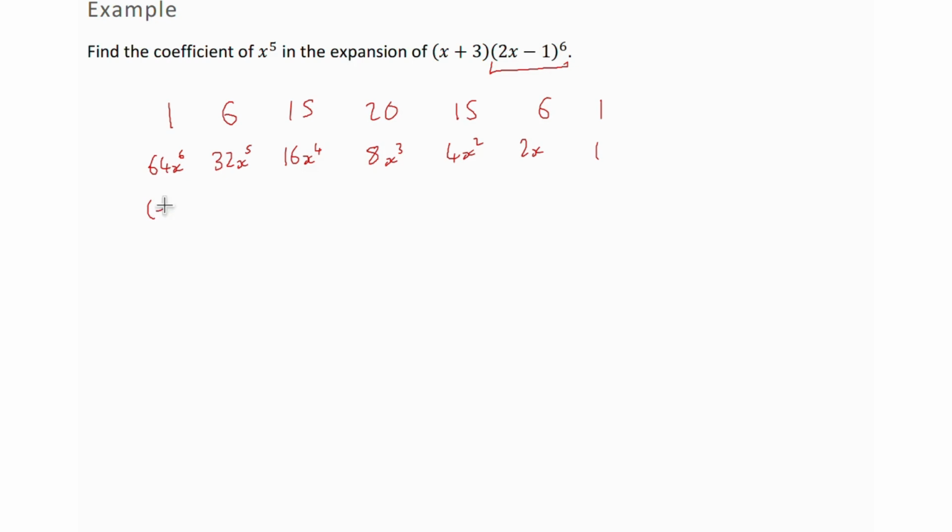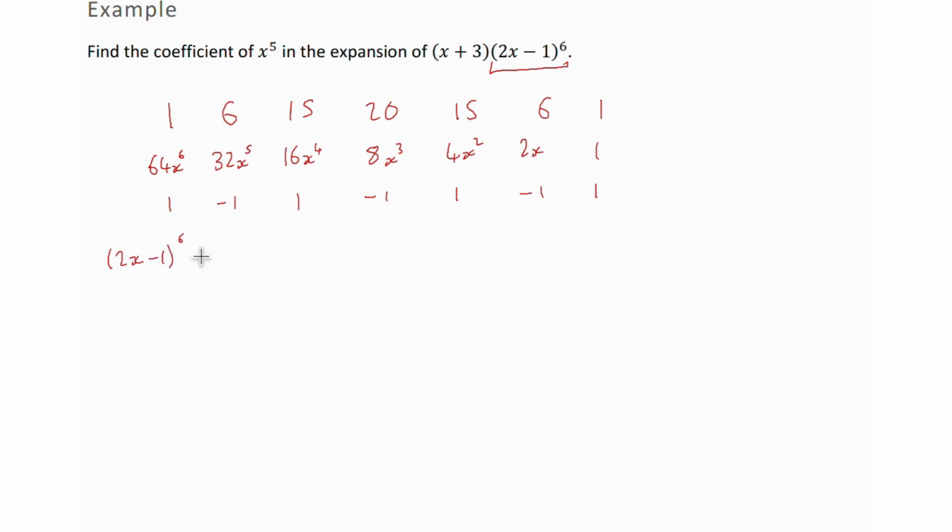And then starting with minus 1 to the 0, which is just going to be 1. Then minus 1 to the 1, which is just going to be minus 1. Minus 1 squared, minus 1 cubed, minus 1 to the 4, minus 1 to the 5, and minus 1 to the 6.